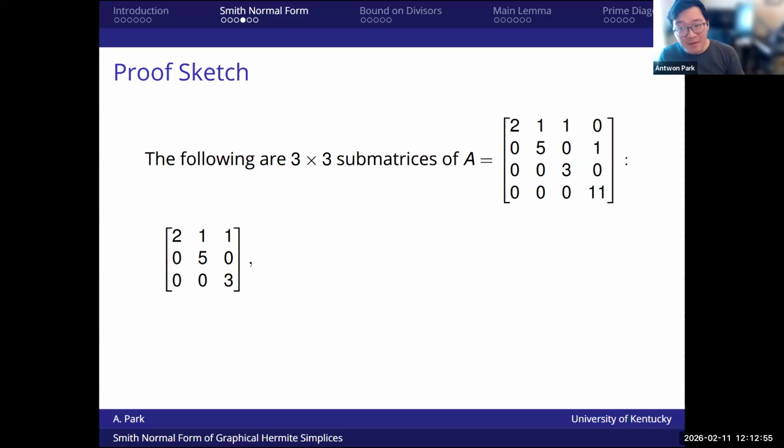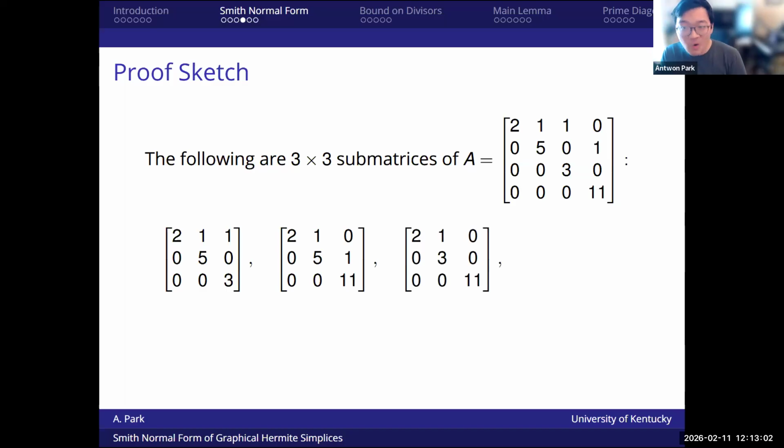I'm also going to do the same thing where I remove the third row and the third column, and then the second row and second column, and then the first row and the first column. And so all these four 3 by 3 submatrices are upper triangular.